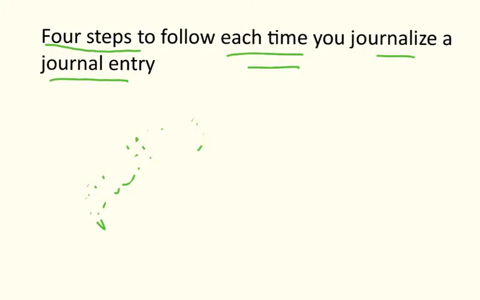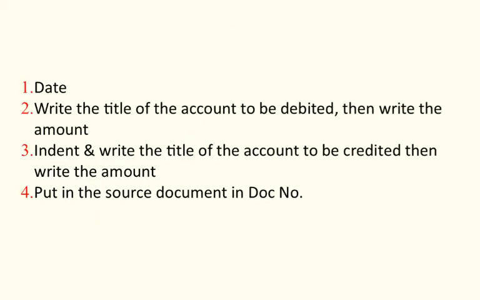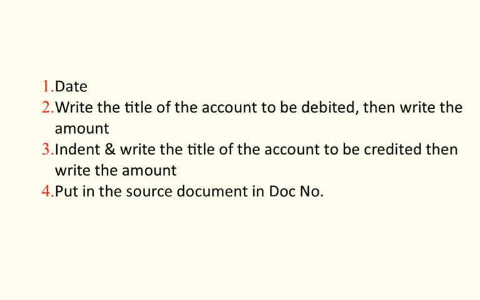So let's talk about the 4 steps. The first step is date. Remember chronological order? That's the first step. Then we must write the title of the account to be debited and then write the amount.